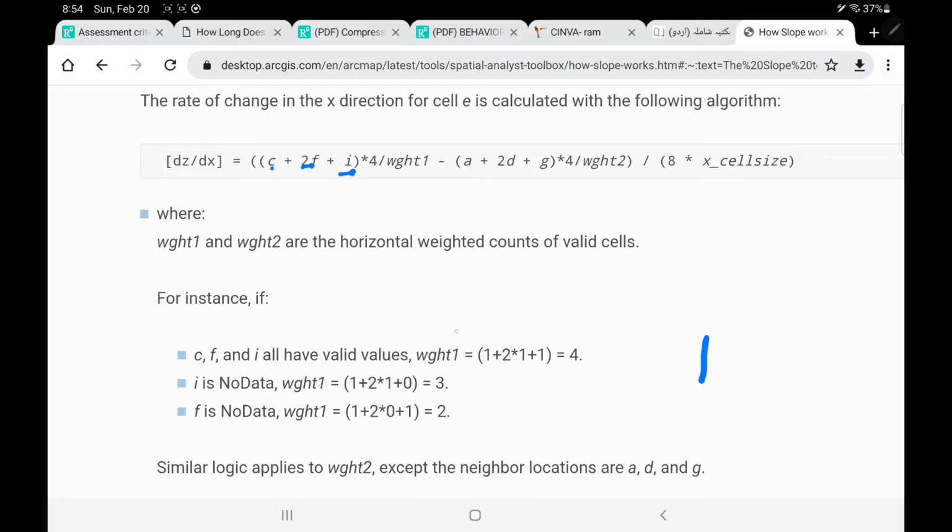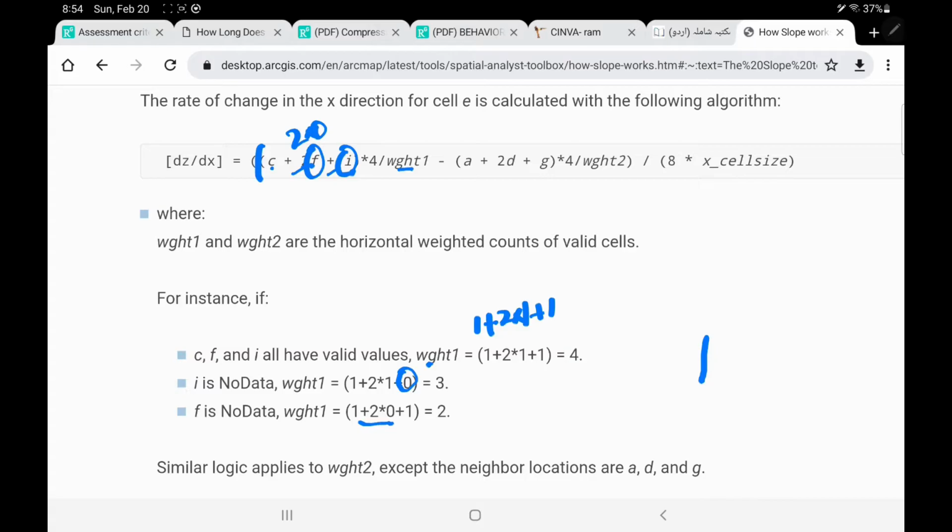For c, f, i, the weight will be 1 plus 2 times 1 plus 1. So the weights are proportional to the factors here. Now if i is 0, the factor of that will become 0. If f is 0, then 2 times it will become 2 times 0, just like shown here.